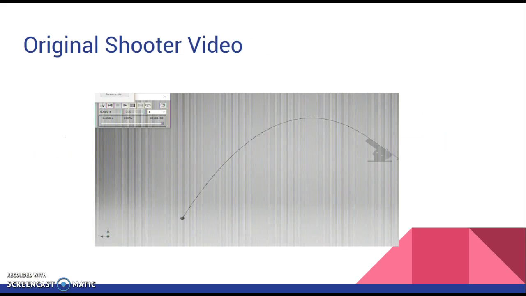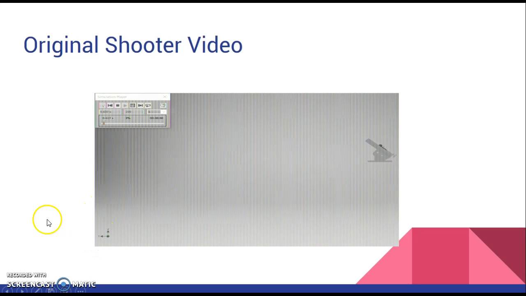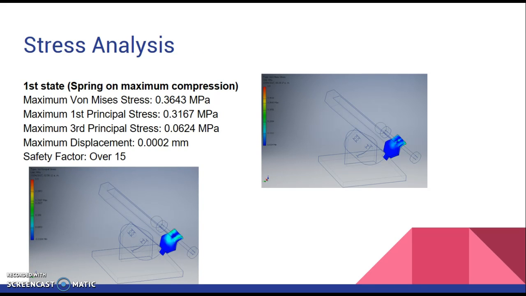We have here the video with the simulation. This video shows us that the design that the customer gave us is functional. It achieves the distance that we need. So we only need to optimize the materials, the cost, and the design.